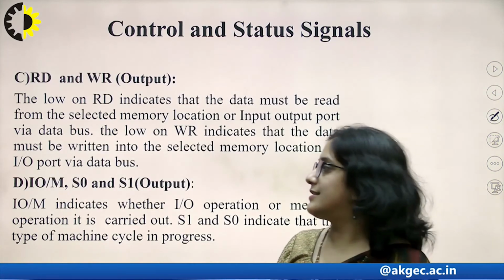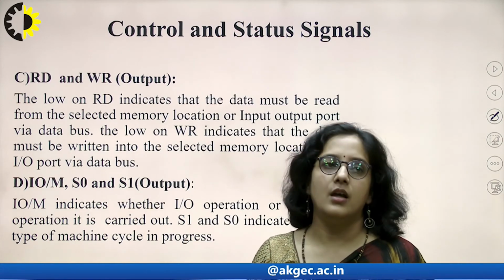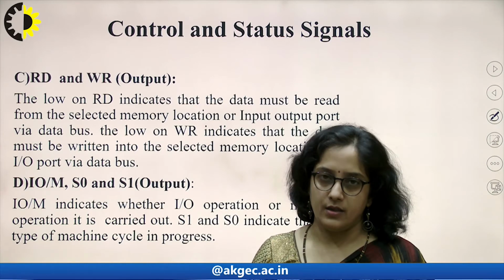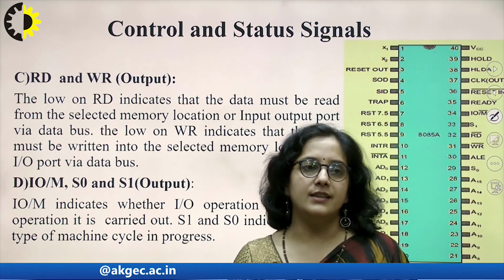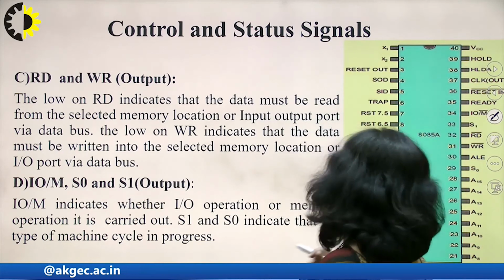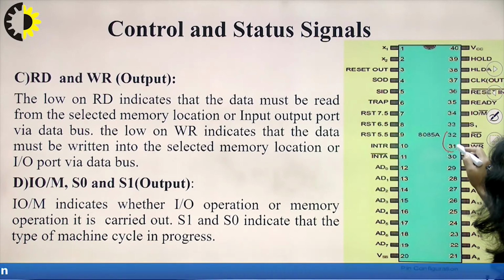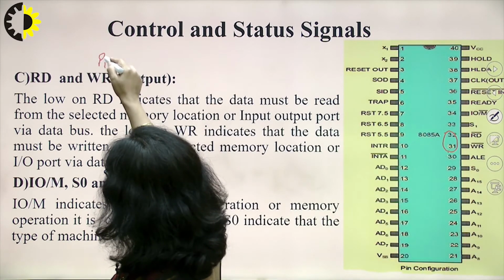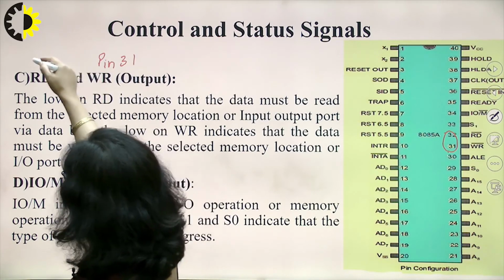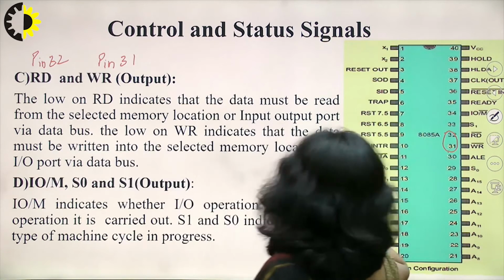Next control signals are read RD, that is the read signal, and WR, that is the write signal. These two signals are output signals. These read and write signals are available at pins 32 and 31. So the write operation is at pin number 31 and the read operation is at pin 32.